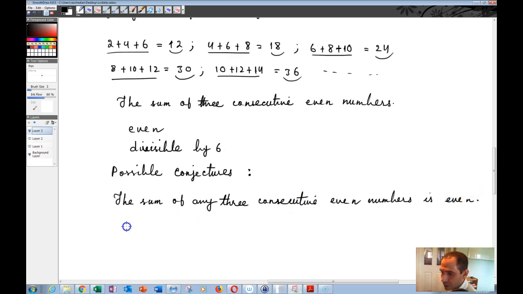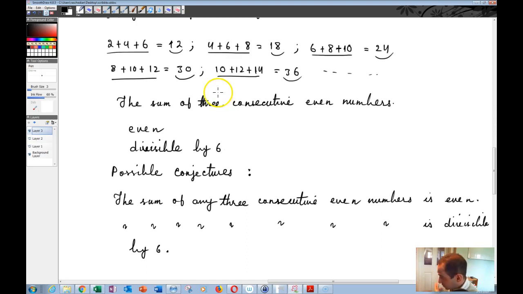Or you can say that the sum of any three consecutive even numbers is, for example, divisible by 6. Or any other pattern that you might see in these numbers in this particular situation. So that's basically that.